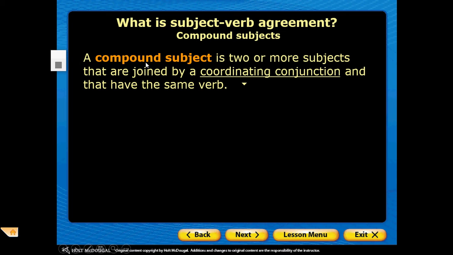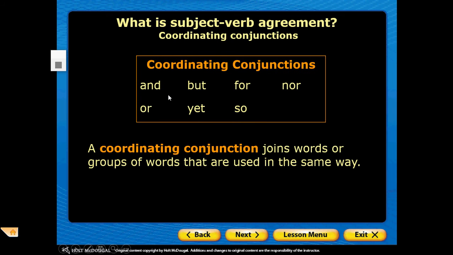So a compound subject is two or more subjects that are joined by a coordinating conjunction. Remember, boys, a coordinating conjunction is one of the fanboys. What are the fanboys? F for, A for and, N for nor, B for but, O for or, Y for yet, S for so.